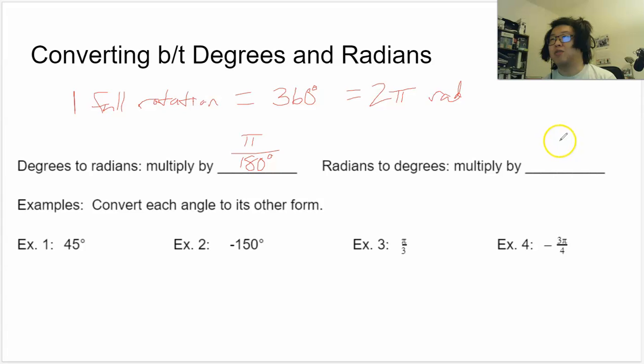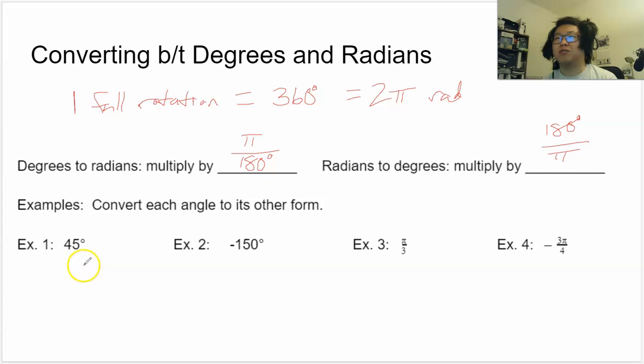Radians to degrees is the opposite. You're actually going to be multiplying by 180 degrees over pi radians. That way you can get your degrees back out. So very simple multiplications here. You can kind of think of that as a unit conversion if you're familiar with that from physics or science classes. Okay, so let's go ahead and take a look at our examples here.